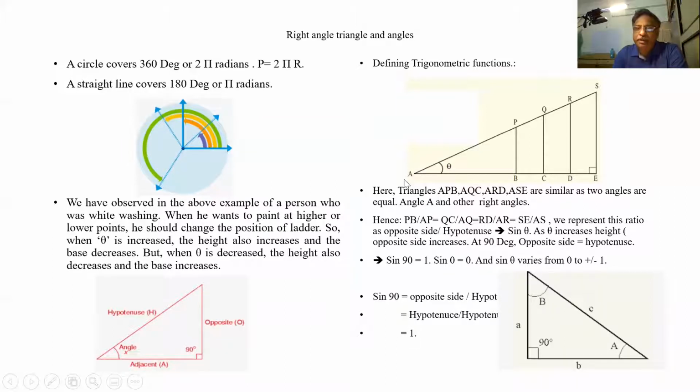What we know here is that triangles APB, AQC, ARD, and ASE are all similar triangles, because one angle is the same and the other angle is 90 degrees for all. So automatically the third angle is also the same, 180 minus the sum of these two angles. So all three angles of these triangles are the same. That means they are similar triangles and their sides are proportional.